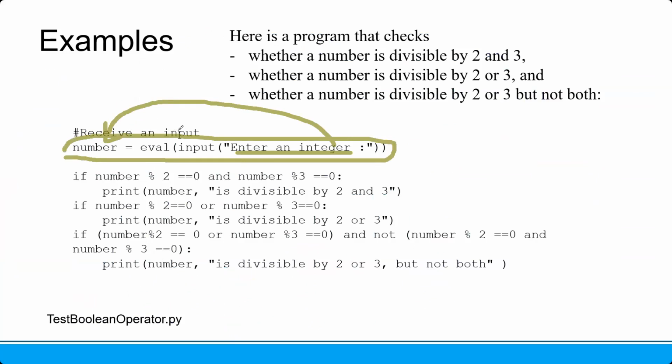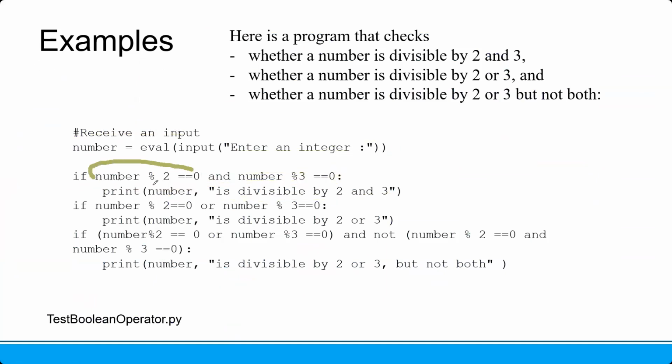And then here is the first check. If the number can be divided by 2 and if the number can be divided by 3, so the number is divisible by 2 and 3. Okay. It means if both conditions are true, we will print this.